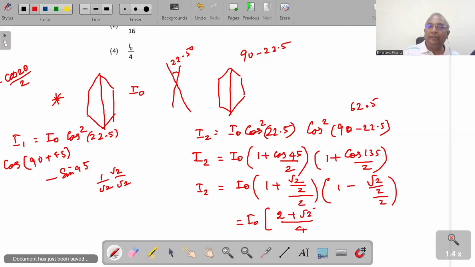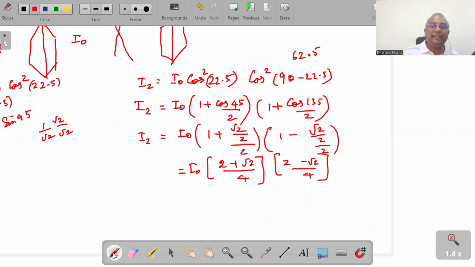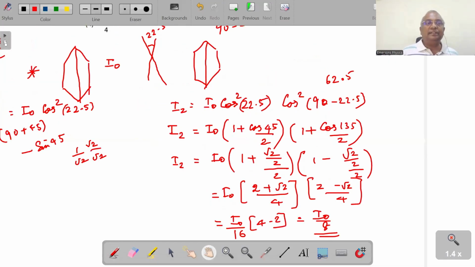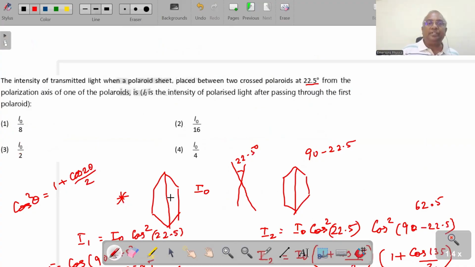In the same way, 2 minus root 2 by 4. Then we can take 4 into 4, 16, outside. I naught by 16 into, if we add this, 2 into 2, so it becomes 4 minus 2. The answer becomes I naught by 8. Okay, so in the question, the answer is I naught by 8.